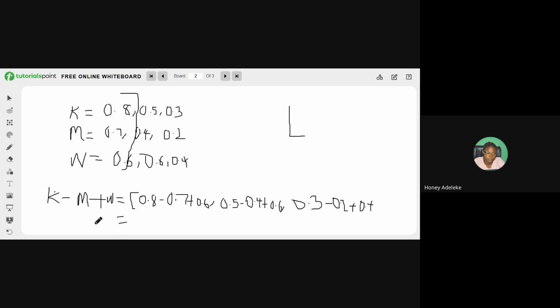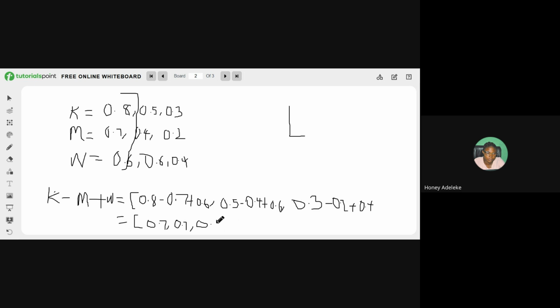So at the end of the day, for the next word, we have 0.8 minus 0.7, that's 0.1, plus 0.6, that's 0.7, comma, 0.5 minus 0.4, that's 0.1, plus 0.6, that's another 0.7. Then 0.3 minus 0.2, that's 0.1, plus 0.4, that's 0.5.